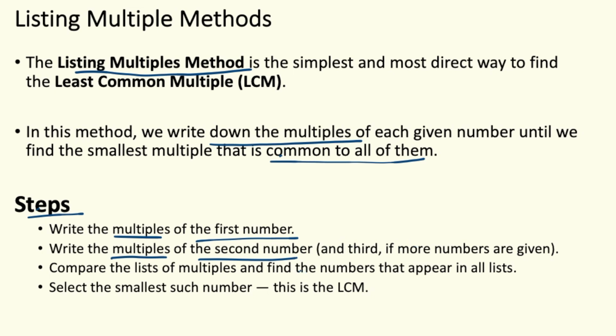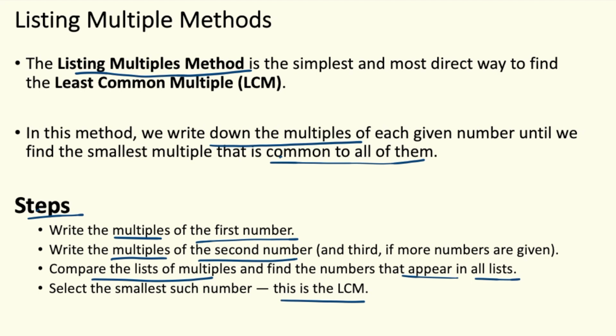Finally, the smallest number that is common to all becomes our least common multiple. So we compare the lists of multiples and find the numbers that appear in all the lists. Select the smallest such number, which means we select the smallest number which appears in all the lists, and that number is nothing but the LCM.